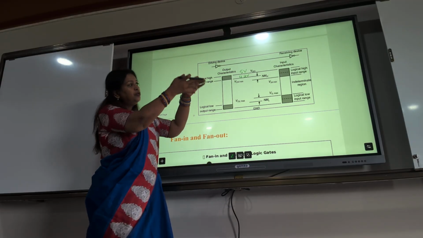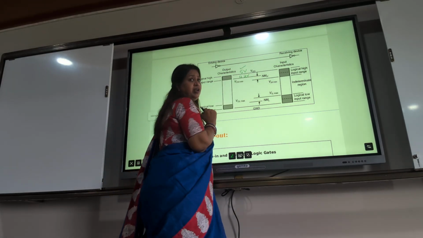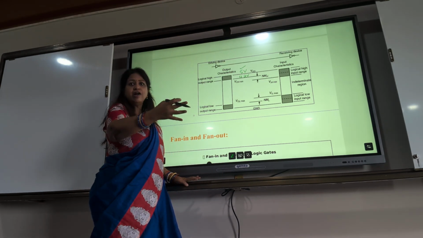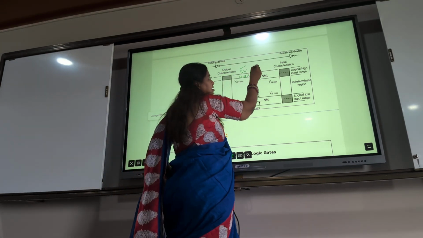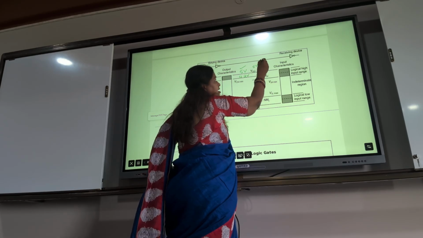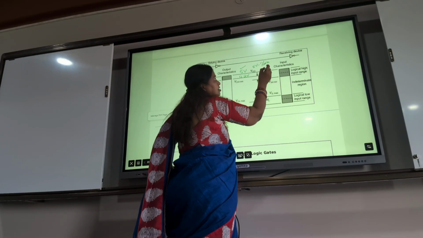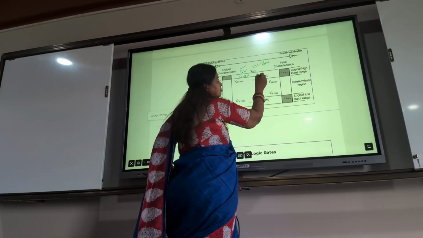That voltage is sent to the other device. While sending, it is sending as 5 volt only. But when it is going, what happens? Noise is added. So 5 volt minus some 1 volt noise, here it is coming as 4 volt.